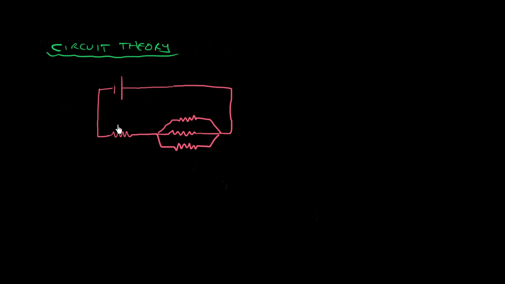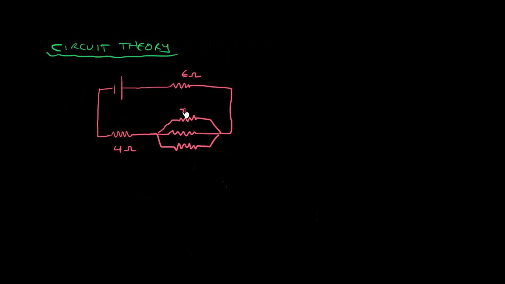So what's happening here? Actually, let's add a little other resistor up here, why not? Where's the pen? Like that. And let's say that this has 4 ohms of resistance, and this could have 6 ohms of resistance, and let's say that this is 8.